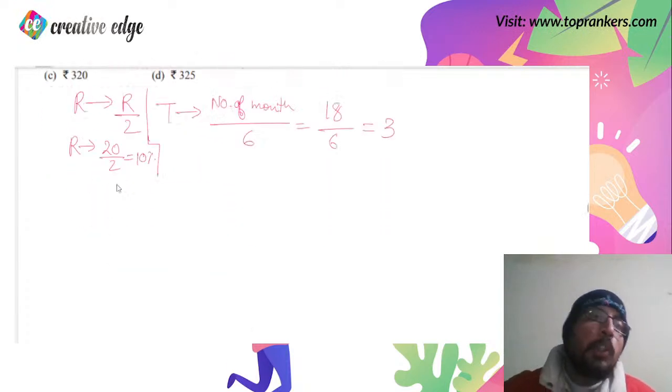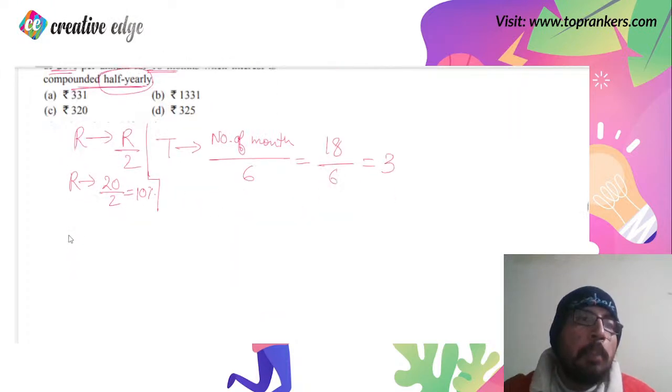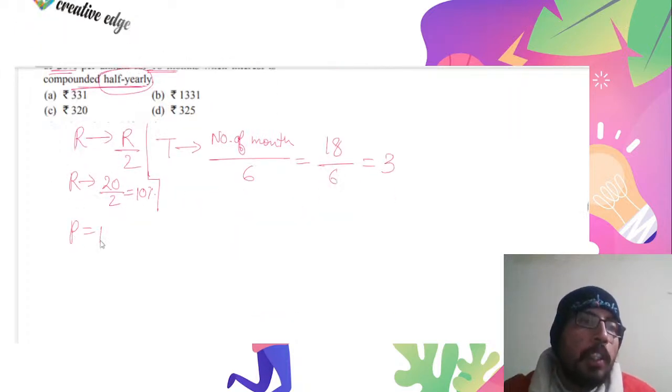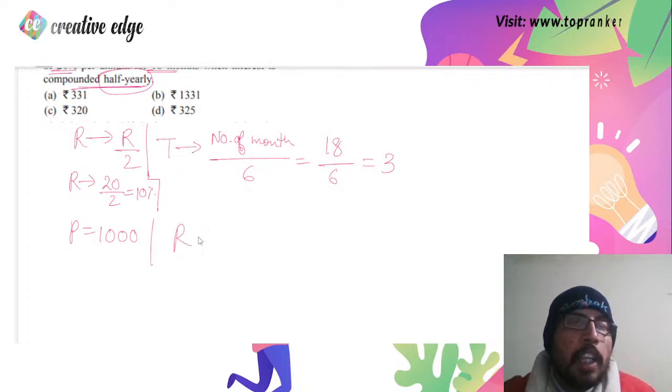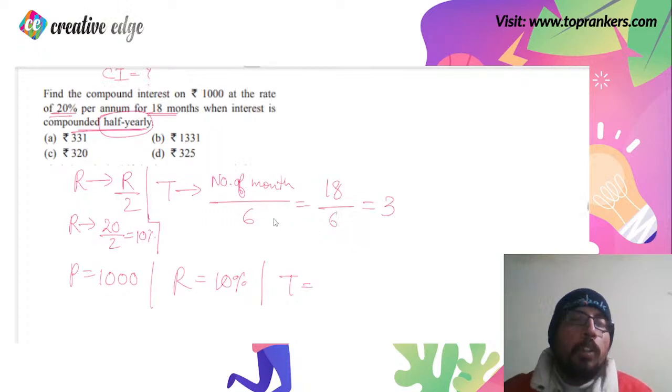Now this question becomes equivalent to the question where you have been given principal equal to 1000, rate equal to 10%, and time equal to 3 years.